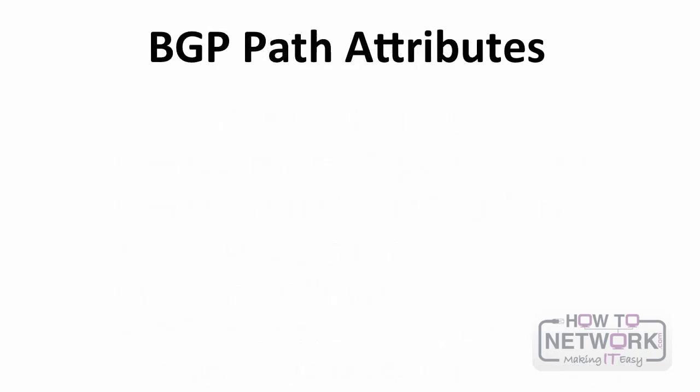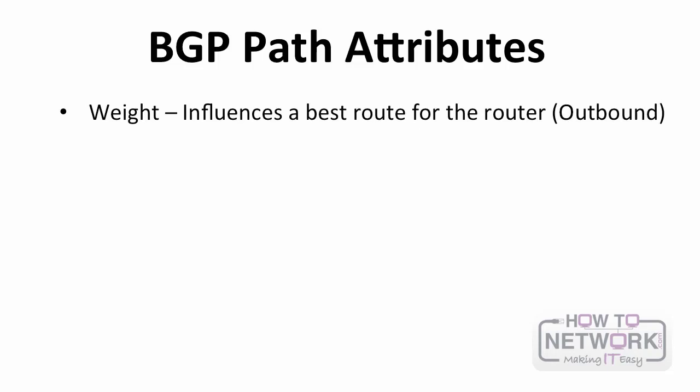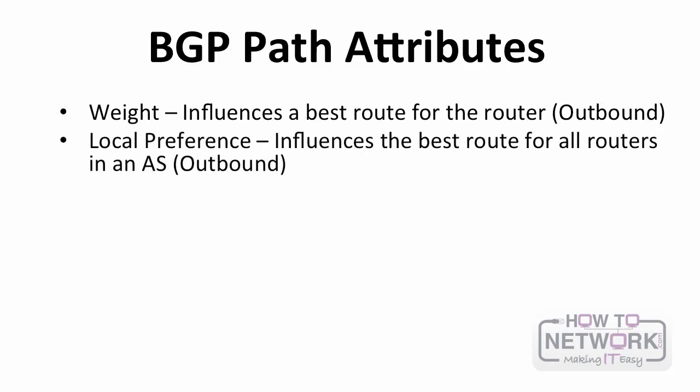Now, regarding BGP path attributes, there are some that you absolutely have to know and memorize for your CCNP route exam. The first is weight. Weight influences the best route for the local router, and obviously it's manually configured. Local preference influences the best route for all routers in an autonomous system, so this is a shared attribute.